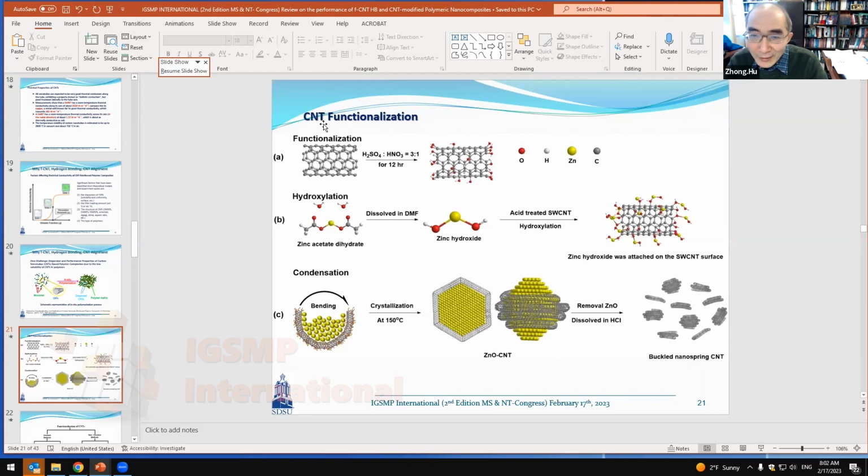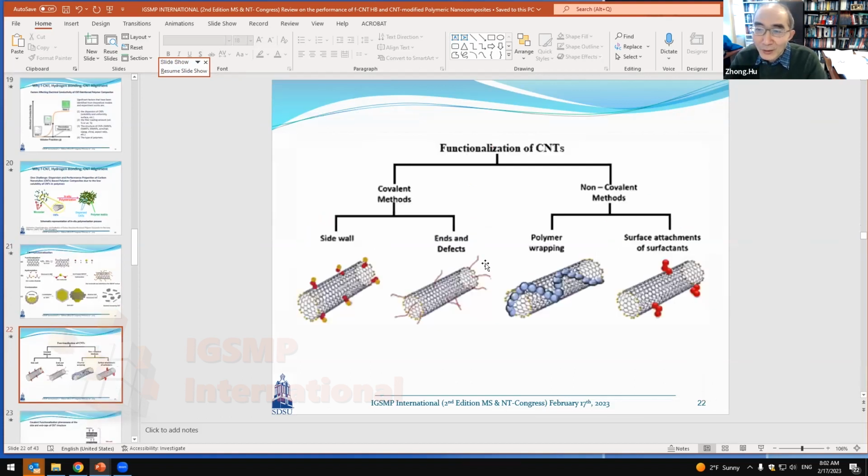So we need to select some solvent, and we can also use functionalization. We have different categories. For example, one is the covalent method. Covalent, you can imagine, will be very strongly bonded.